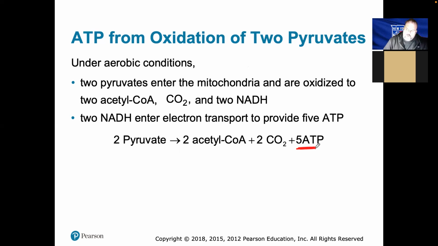Again, we saw one molecule of NADH gives 2.5 ATP, so two molecules of NADH give you 5 ATP. So instead of saying 2 NADH, they're telling us 5 ATP. So far we've got 7 and we've got 5, so far we've got 12, before we get to the citric acid cycle, because the two molecules of acetyl coenzyme A are then going to move on to the citric acid cycle.